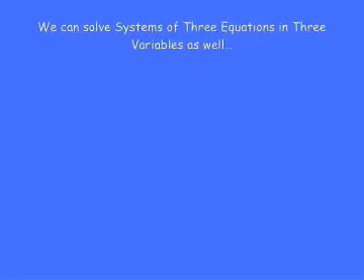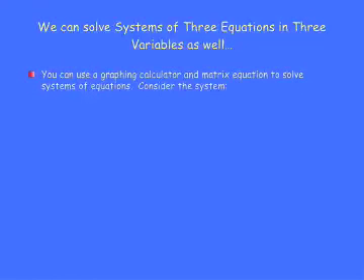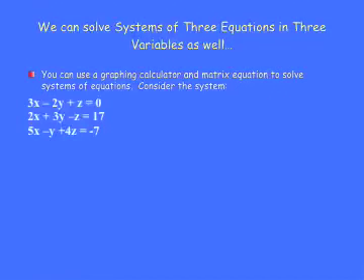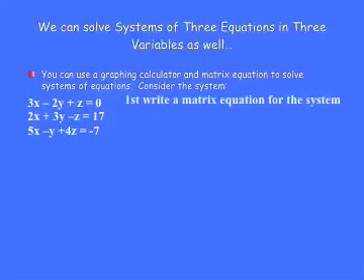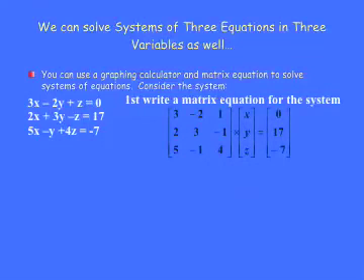Solving systems of 3 equations in 3 variables can also be done, and we're going to use the graphing calculator to do this. So here let's consider this 3x3 system, and we're going to rewrite it as a matrix equation.